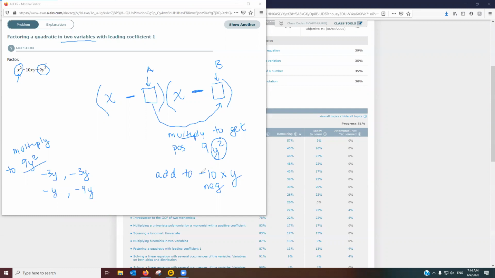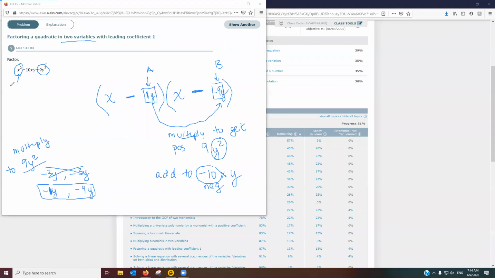But remember, I'm going to need these to add to get me a negative 10. Well, the first one is not going to work out because those would add to get me a negative 6. But this one, if I put a negative 1 here, just to make it a little more obvious, would work out to be a negative 10. So I'm going to put a negative 1y and a negative 9y in the back here.